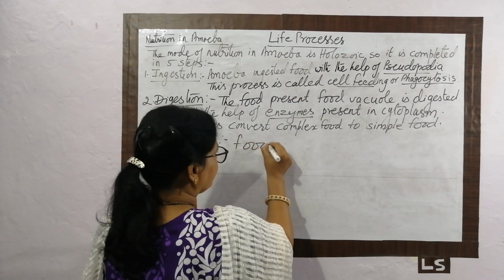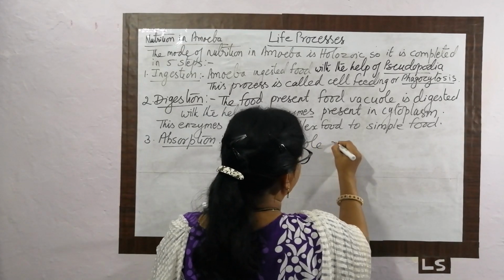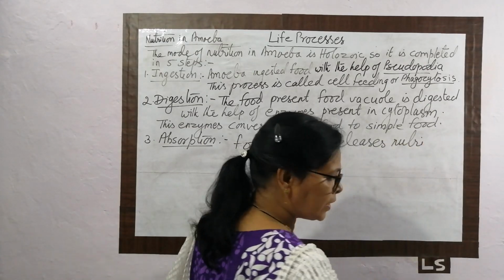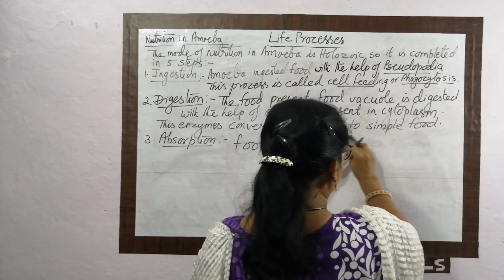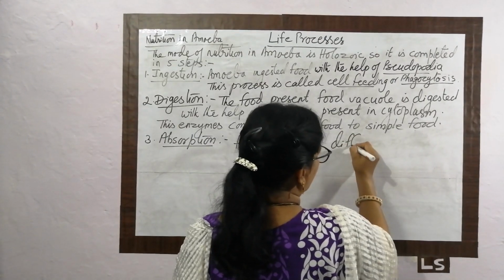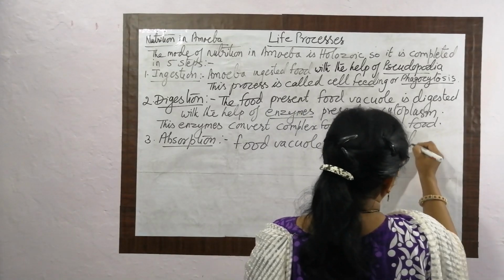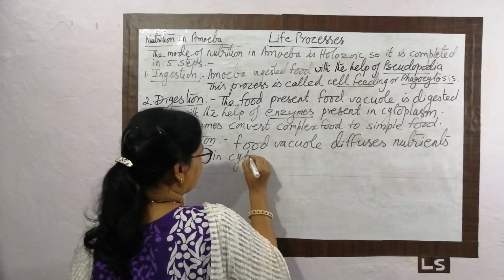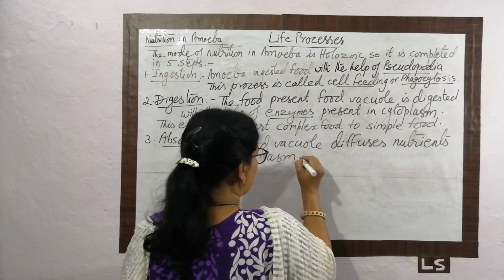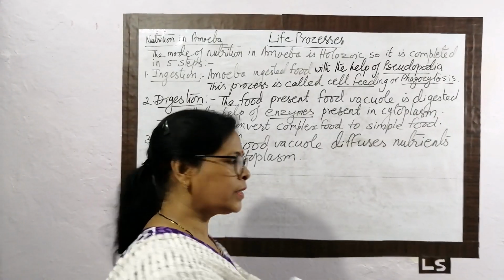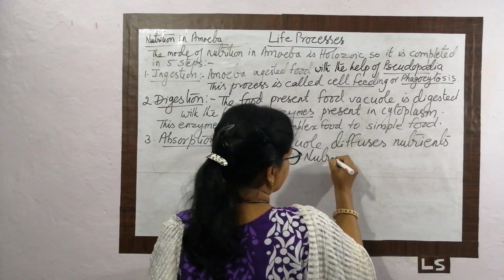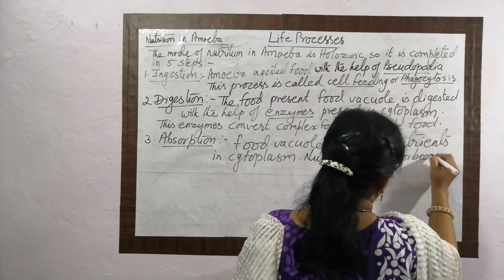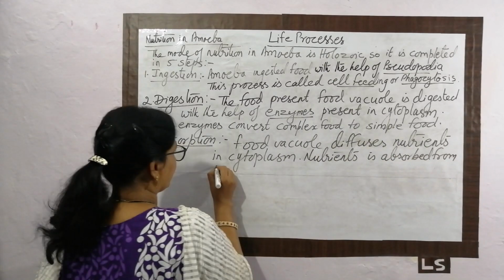Food vacuole releases or diffuses nutrients in cytoplasm. Okay? It means the animal absorbs the nutrients from cytoplasm. Nutrients are absorbed from cytoplasm.